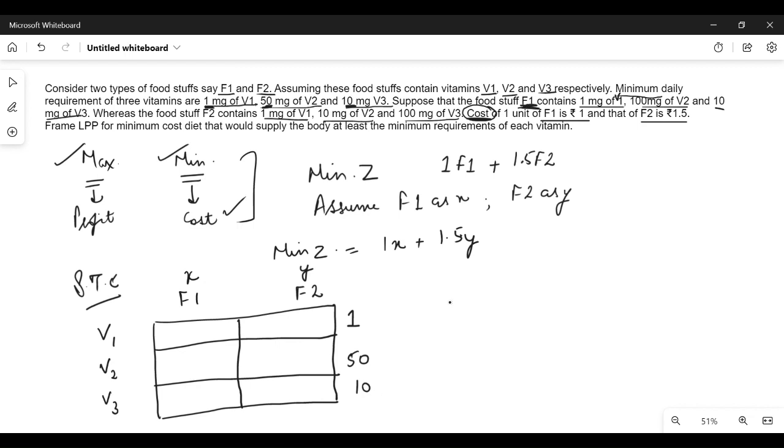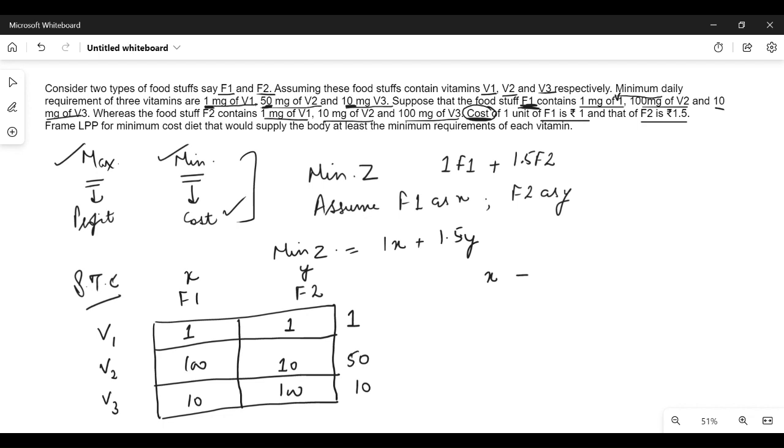And foodstuff F1 contains 1 mg of vitamin 1, 100 mg of vitamin 2 and 10 mg of vitamin 3. And foodstuff 2 contains 1 for V1, 10 here and 100 here. Now I will formulate the equations with the help of this matrix.